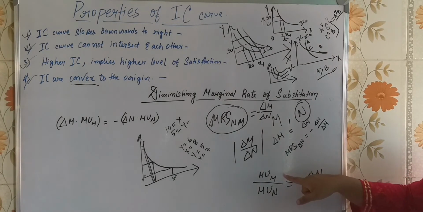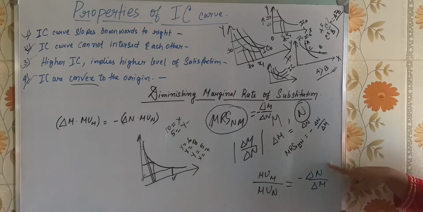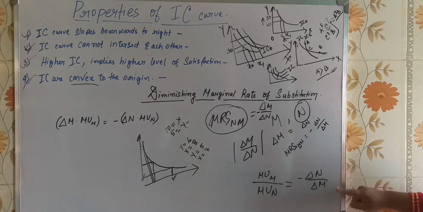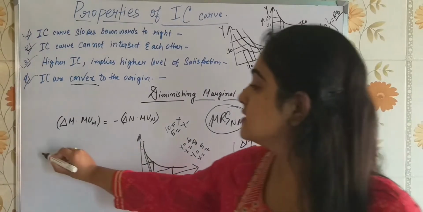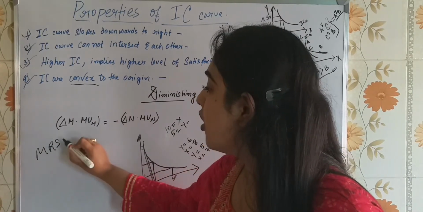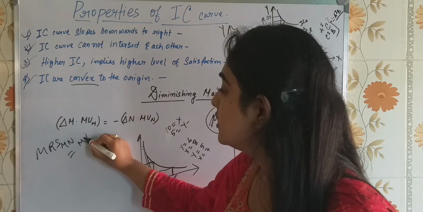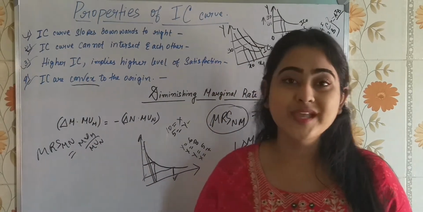Now another thing is MRS of Mn. MRS of Mn is nothing but marginal utility of m by marginal utility of n, which is again equal to del n by del m. That is the change, how much you are changing the consumption of n for increasing the consumption of m, right? So change we are measuring here. So simply I can say that MRS of Mn is nothing but marginal utility of m by marginal utility of n, isn't it?